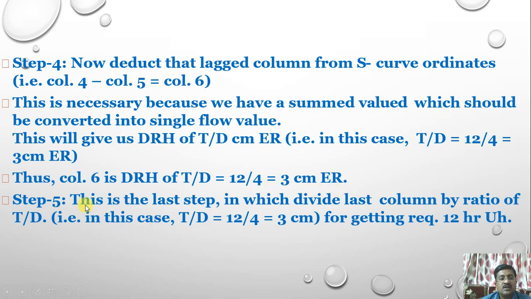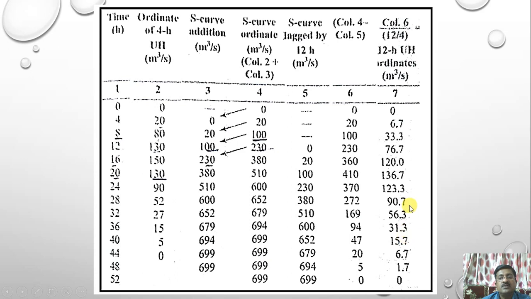This is the last step, in which we divide the last column by the ratio T by D, that is 12 by 4, 3 centimeter, for getting the required 12-hour unit hydrograph. So you are going to get these values.